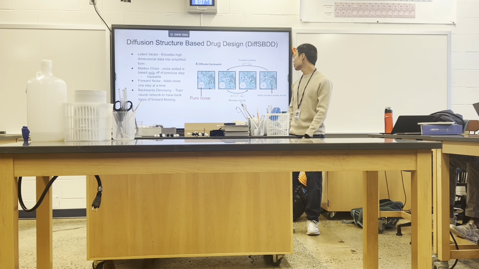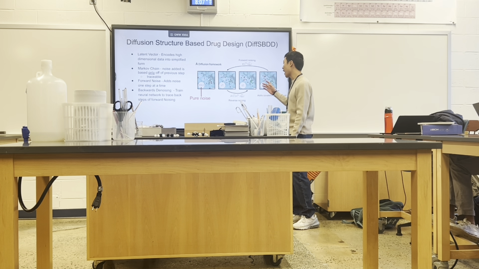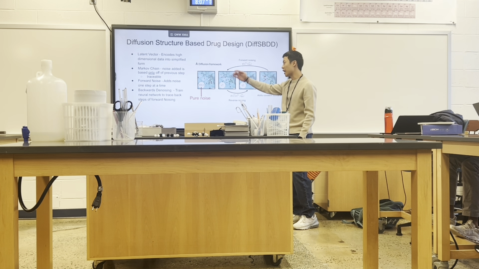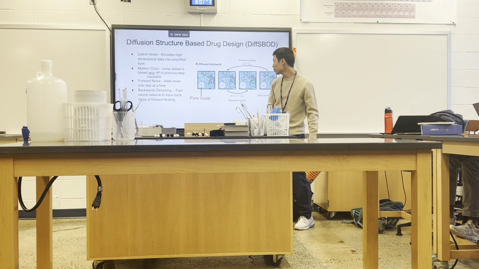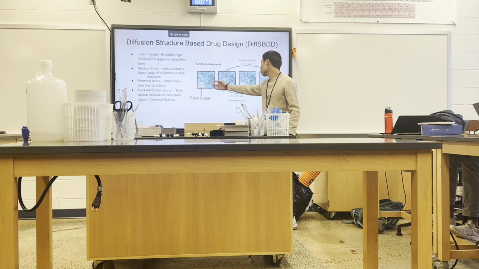Secondly, the reason why this whole noising process is possible is that we only add noise step by step. So you consider step 0 and then you add noise to get to step 1, and only the state of step 1 is considered when you add noise to get to step 2. By doing this, we are able to trace back from pure noise all the way back to the original ligand.